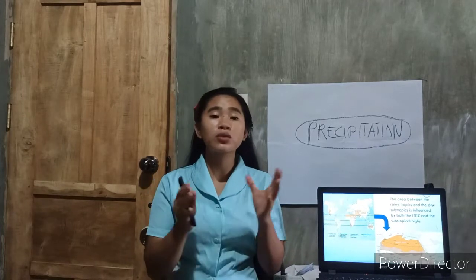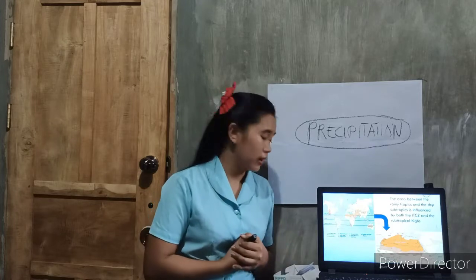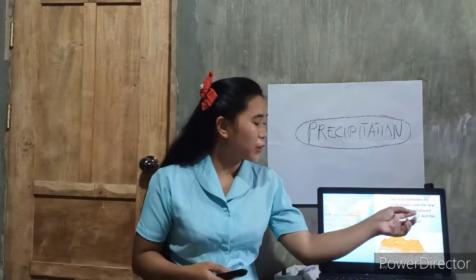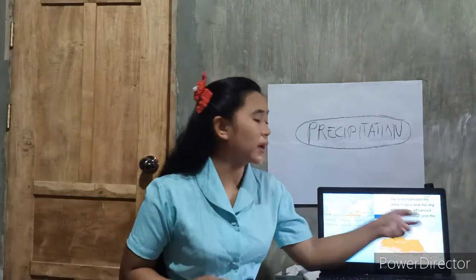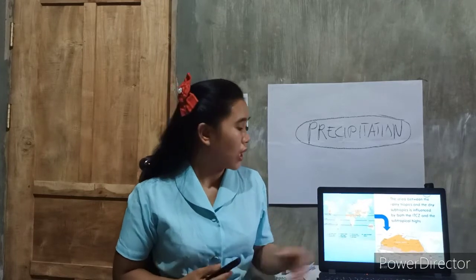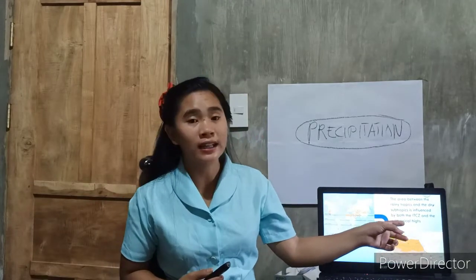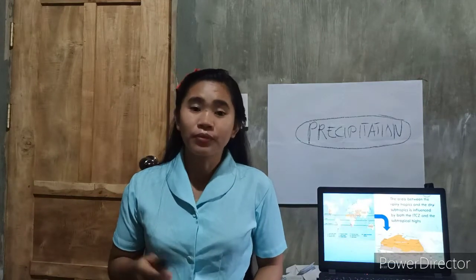For example, they shift northward in July and southward in January. That is because the area between the rainy tropics is influenced by both the ITCZ, or Intertropical Convergence Zone, and the subtropical highs. Okay, did everybody get it?